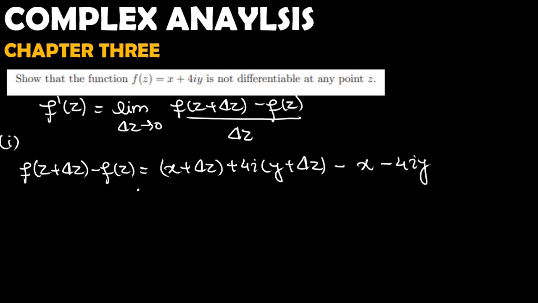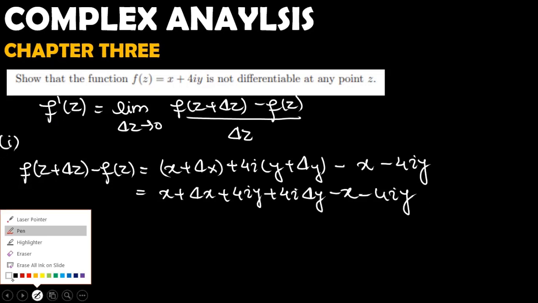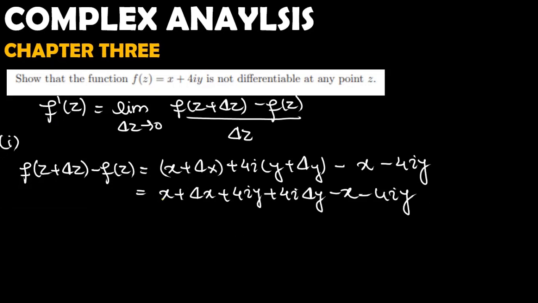So x + delta x + 4iy + 4i delta y - x - 4iy. We have just opened the brackets till now, nothing special. We have cutting here: x is cut with minus x, and 4iy with minus 4iy. So we have in the end delta x + 4i delta y.